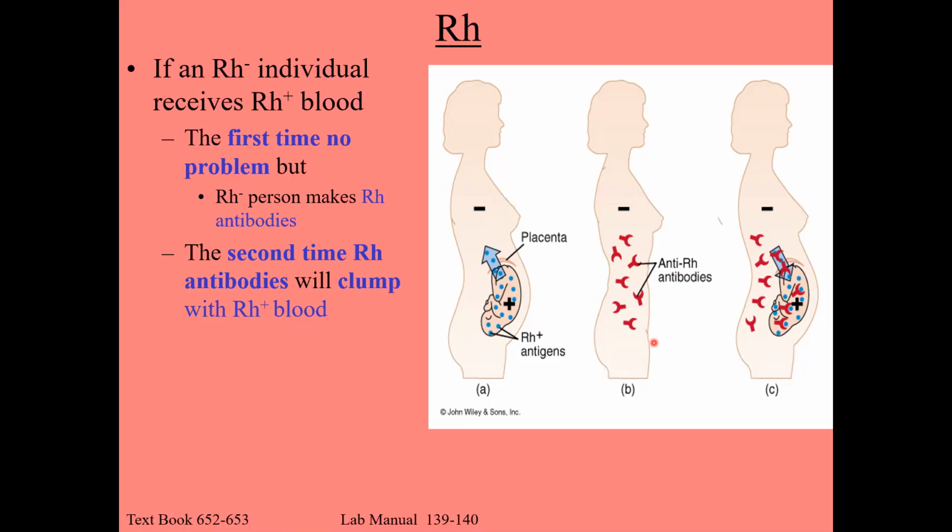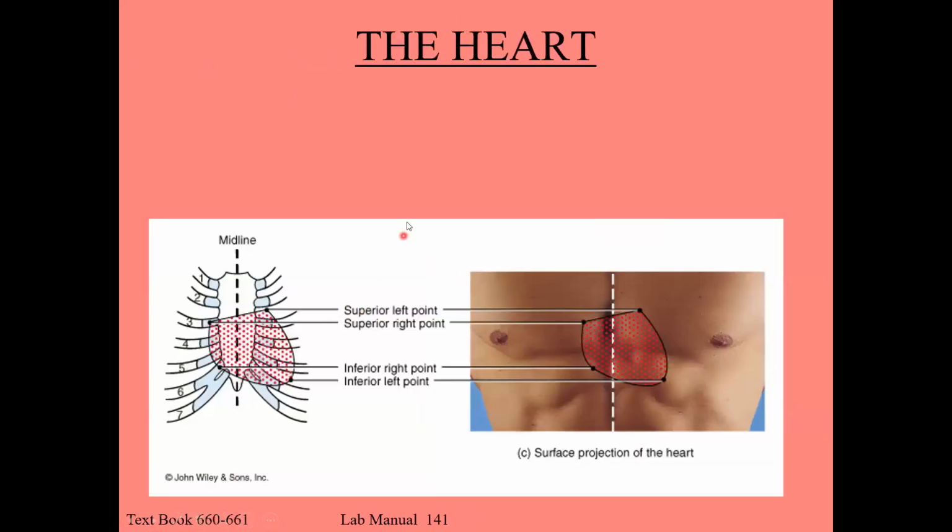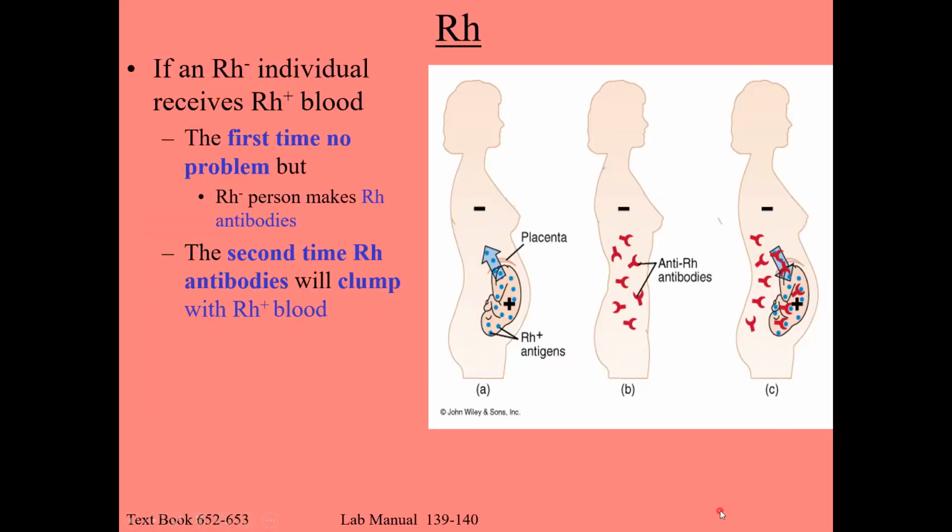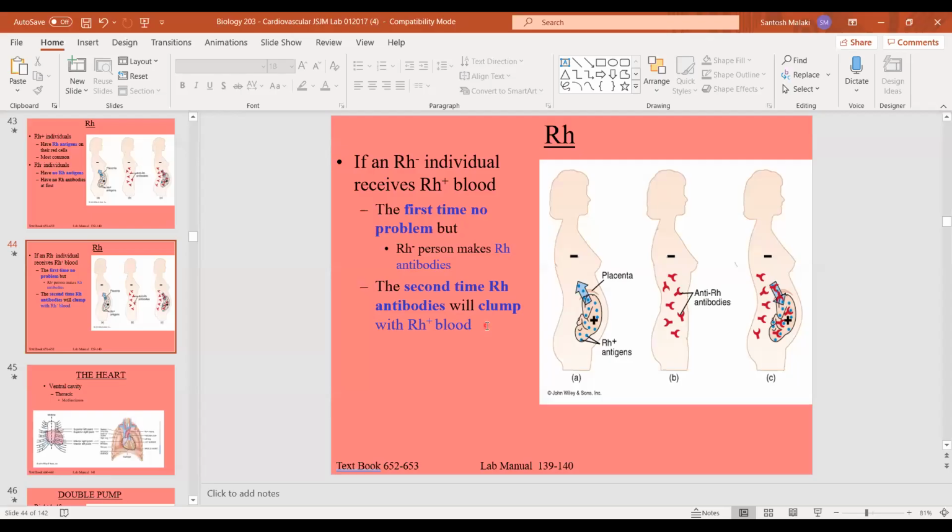So what is it that is used? Anybody, have you heard of anything that is injected into the mother at the time of labor and after labor? What do we inject? The protein, what's it called? There's a name for it. Rh antibodies. What is it called?